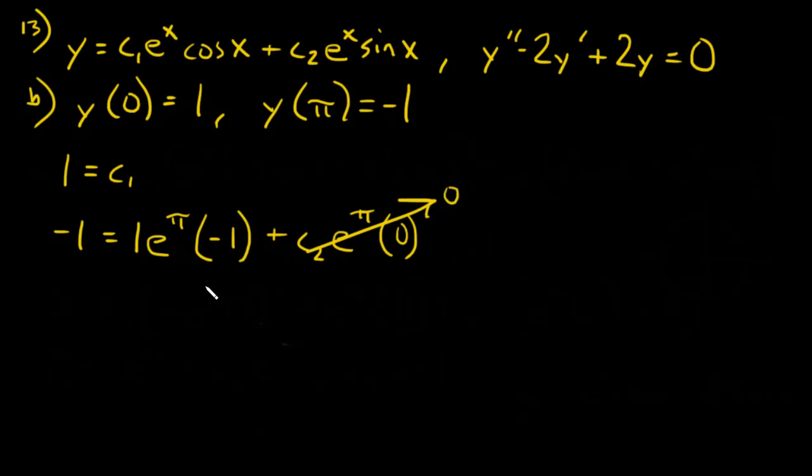That's gone. So I wind up with not much. C2 is gone. So, in other words, this has no solution. Those boundary conditions are bogus. They are not going to give us anything we can work with.